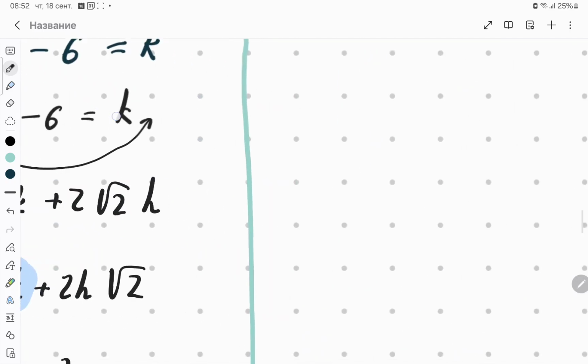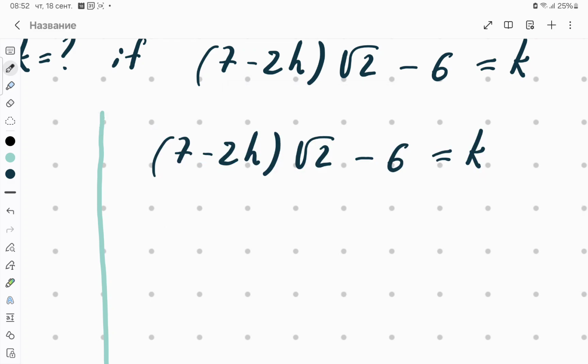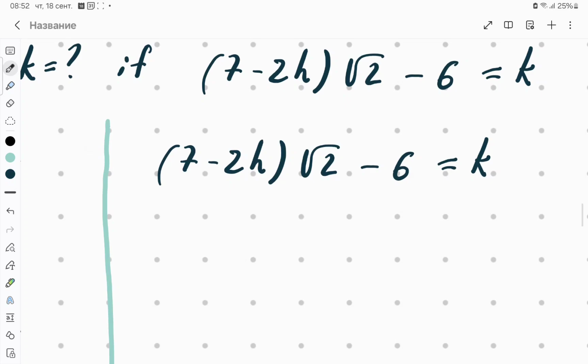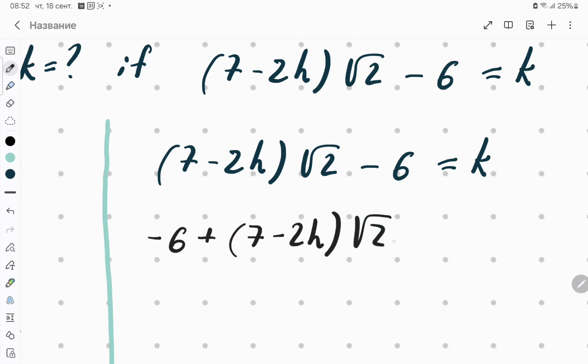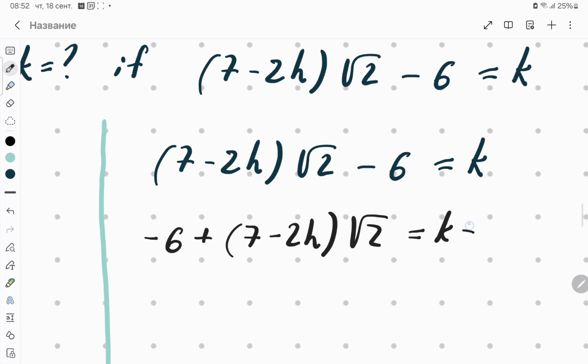Another way, maybe someone will prefer to use another way. Let's see. In this case, let's first rearrange the left hand side: negative 6 plus 7 minus 2h square root 2. And let's write the right side as k plus 0 times square root 2 multiplied by 7 minus 2h.